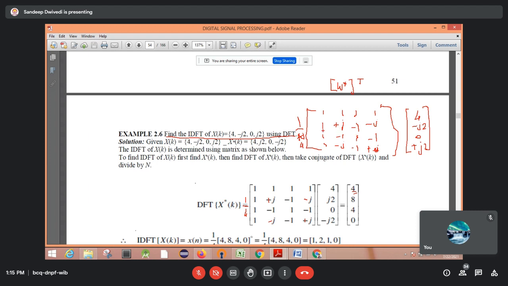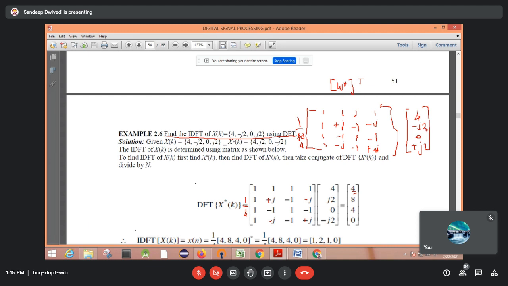Okay, for the second value, see here 1, so 1 into 4 will be 4. Then j is there, so this multiplication is plus j and minus 2j.